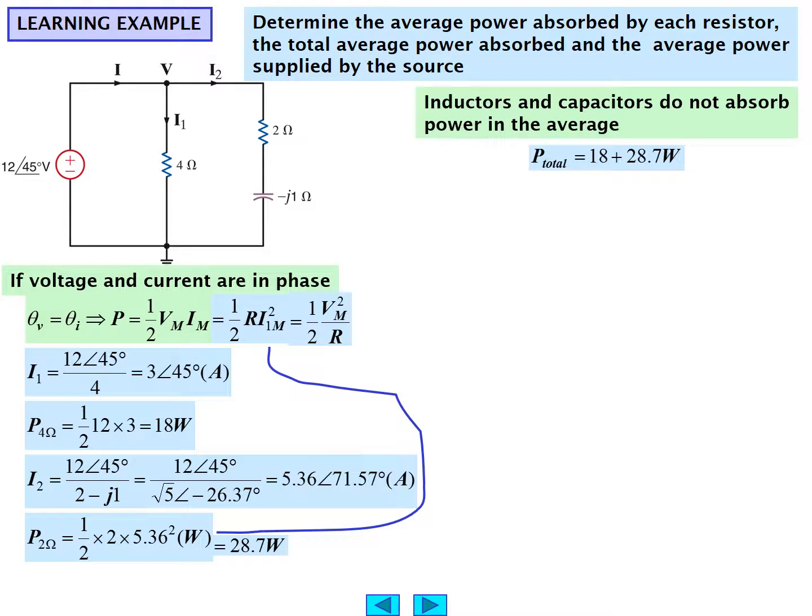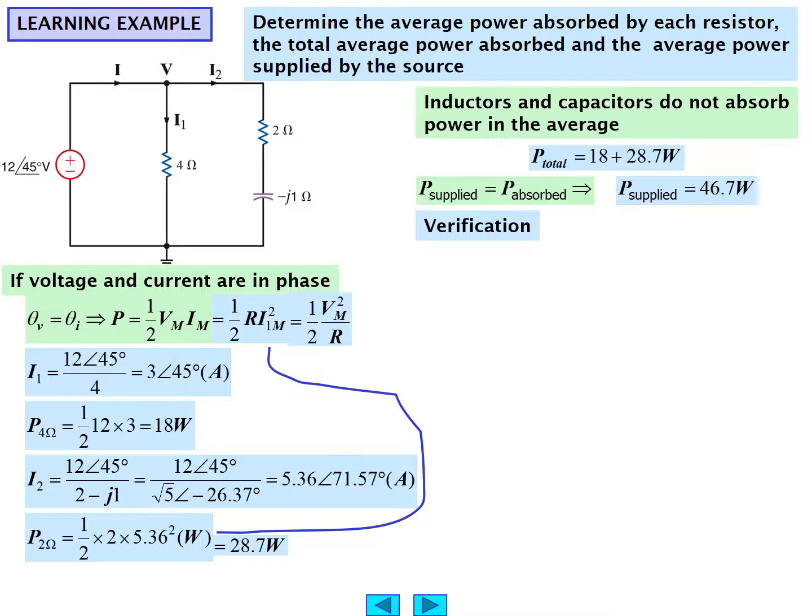Therefore, the total power is only due to the resistive components, and we would add them. 18 plus 28.7 would give us the total power that we're absorbing, and that obviously must equal the total power supplied. So the answer for the total power supplied is 46.7 watts.